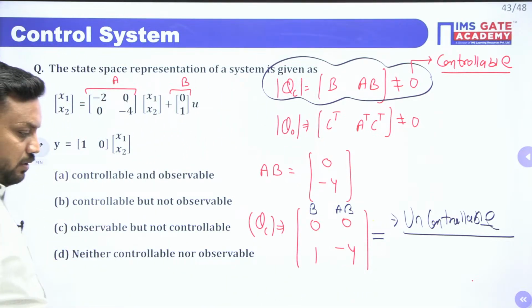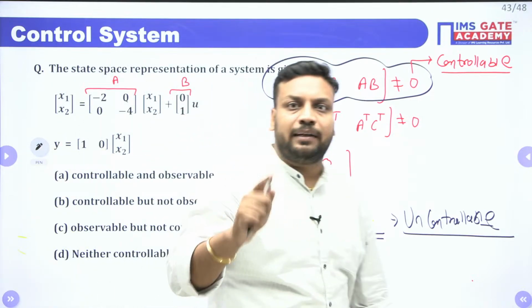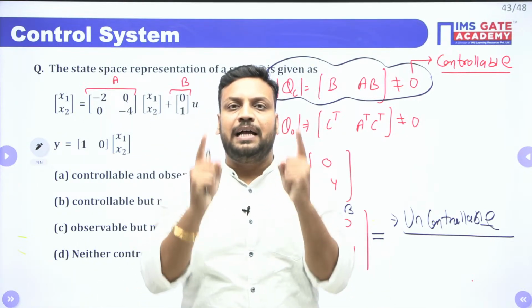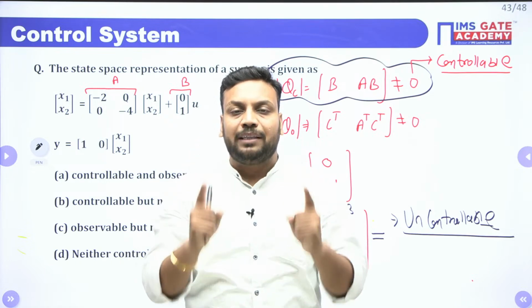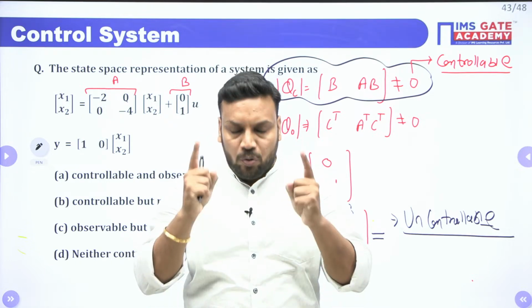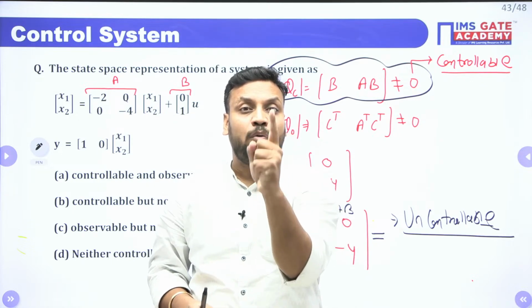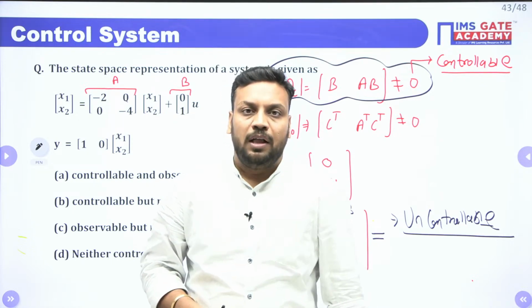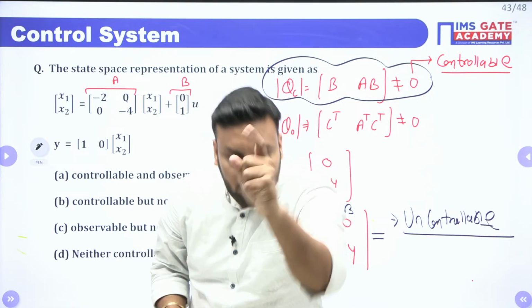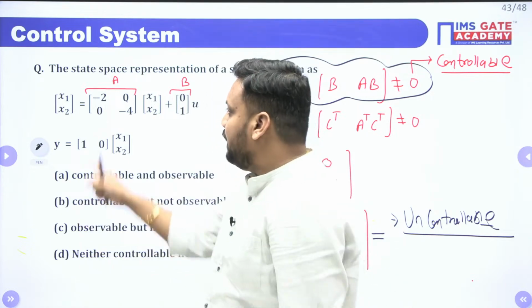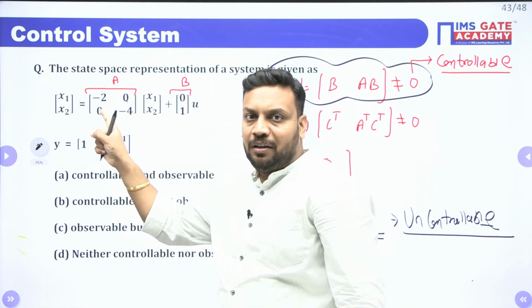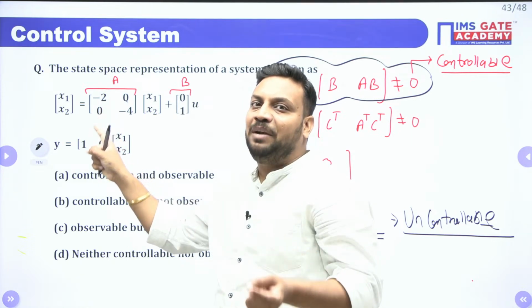Next, if the A matrix is a diagonal matrix, then to make the system observable, the C matrix should have all coefficients non-zero. So once the A matrix is diagonal, you immediately check the C matrix.